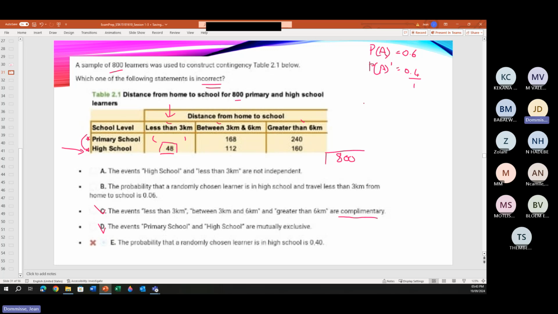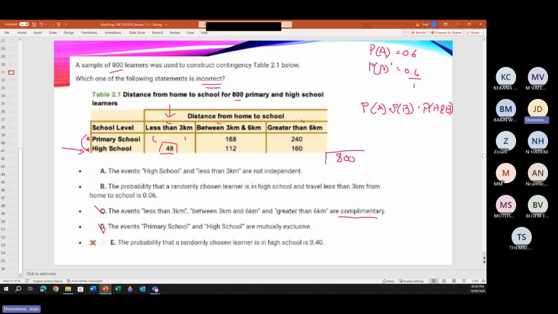Okay, so for something to be independent, the probability of A times the probability of B needs to equal the probability of A and B. Remember, that is the rule for being independent.